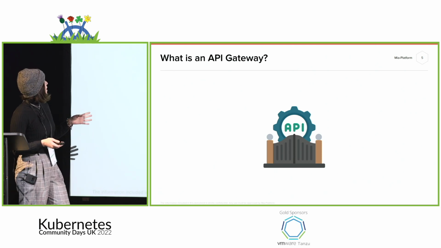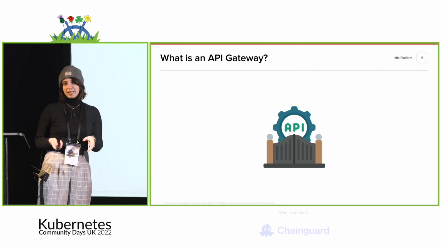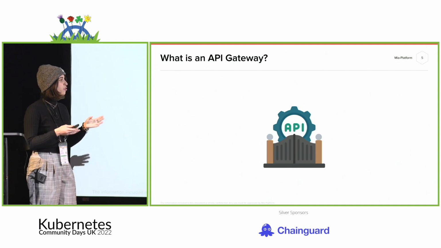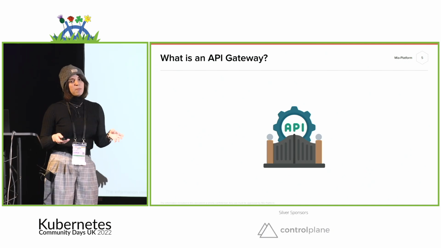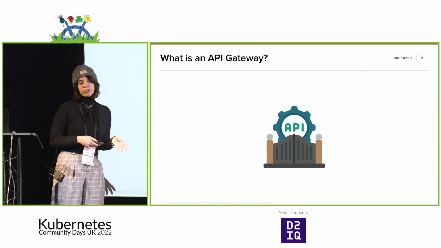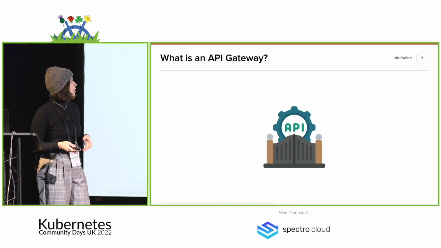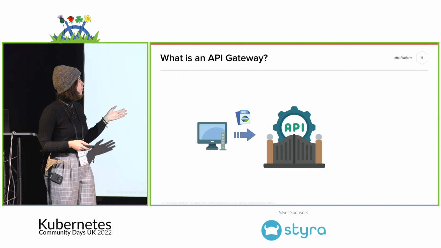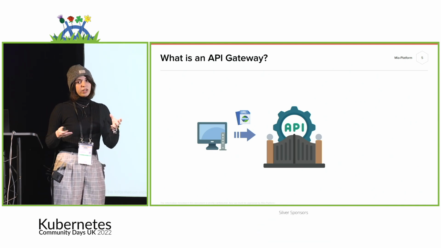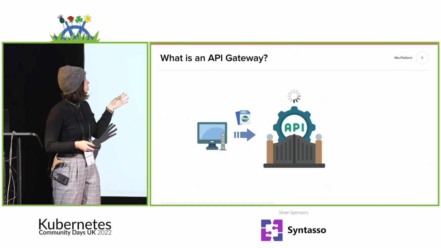So what is an API gateway? As the name suggests, it is a gateway. It is a portal. It is the entry point to our architectures. And it helps us manage the inward and outward traffic. So in a few words, when a request arrives from a client with a specific URL, the API gateway is the entry point, so it takes this request in charge.